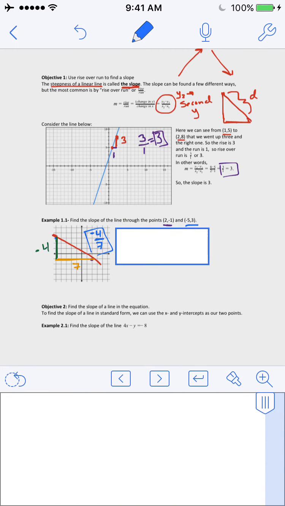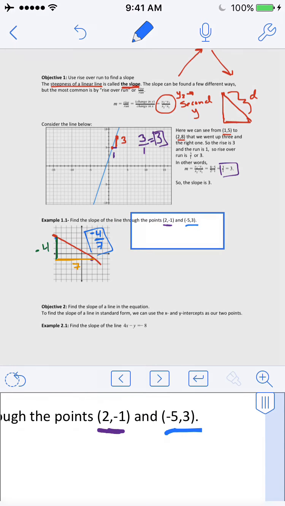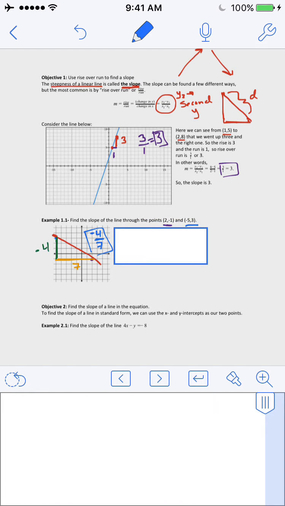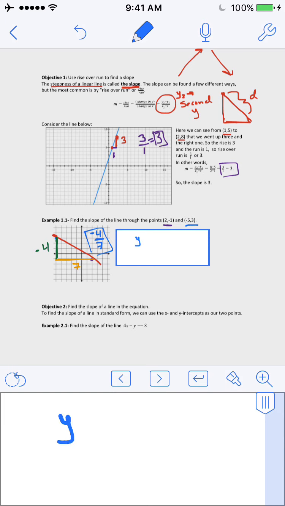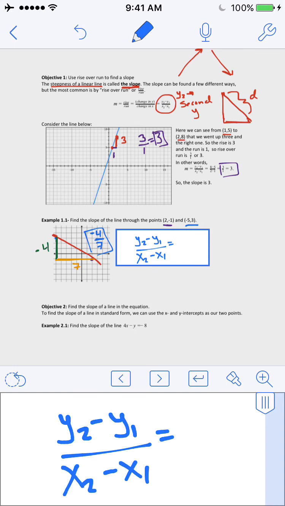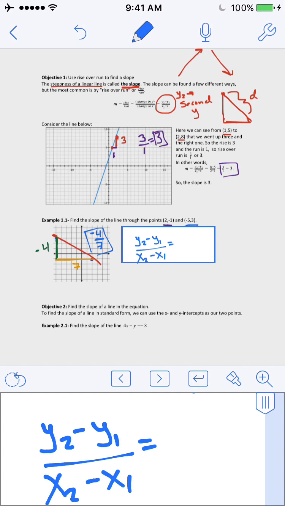Alrighty, let's see if we get the same thing algebraically. So here we've got our 2 points, right? I'll try to stick to colors. Our slope formula, if we recall from up here, is the changes in y's, y2 minus y1 over x2 minus x1. And so what would be our y2?